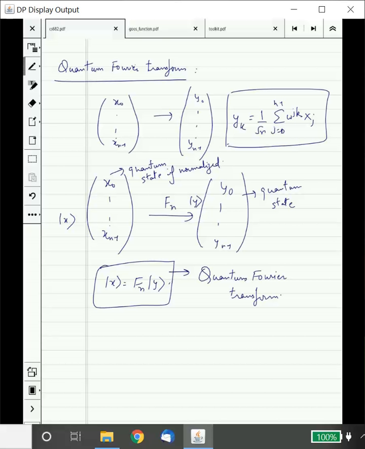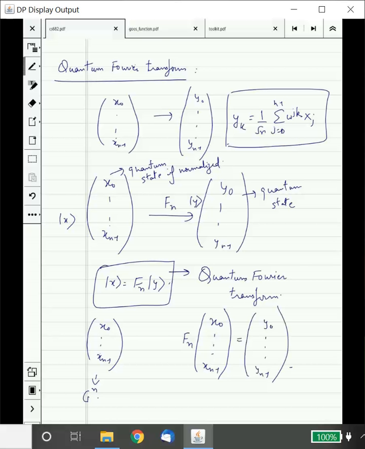Look at any vector in n-dimensional complex space. This is coming from C to the n. Then the Fourier transform should give us this output, which will be some y0 to yn minus 1. You can obviously calculate the action on the basis. That's not hard. That will be given by this equation.